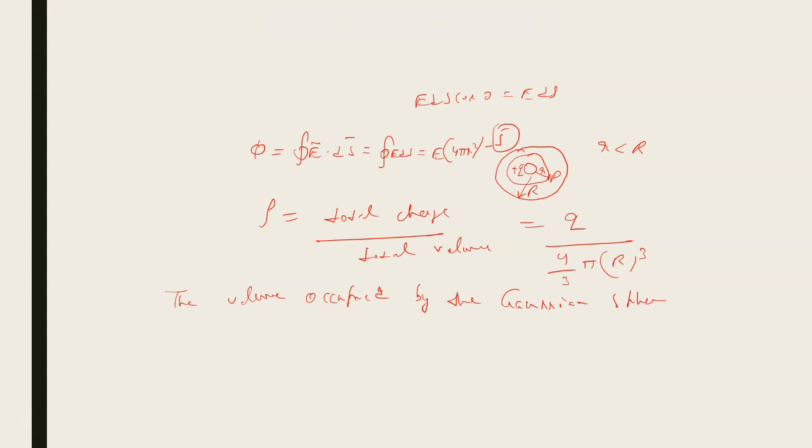So it will be equal to 4 by 3 pi. Now what is the radius of the Gaussian sphere? This is small r, so it is 4 by 3 pi r cubed.